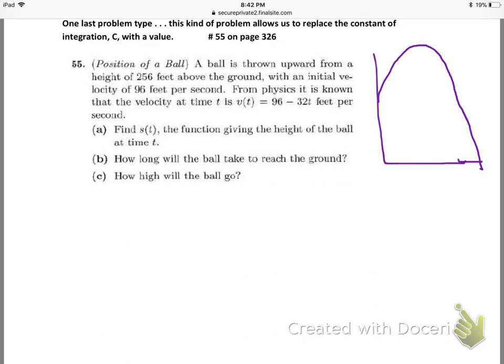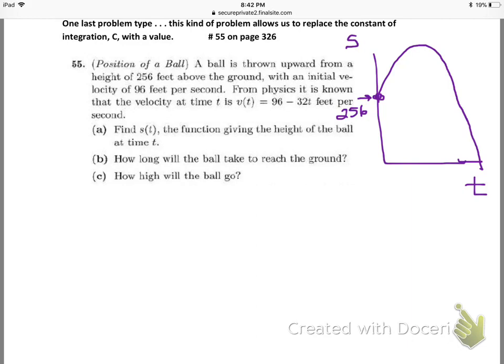So this is going to be the position, or the height, and this is going to be the time it takes to reach that. By virtue of the problem that I've read so far, I know that this point right here, the purple dot, is 256 feet.